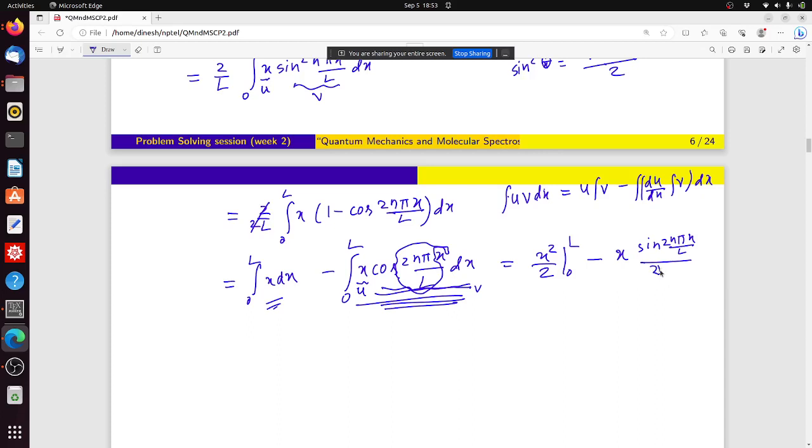I hope you all know this is standard integration. This is 0 to L, then minus this part.